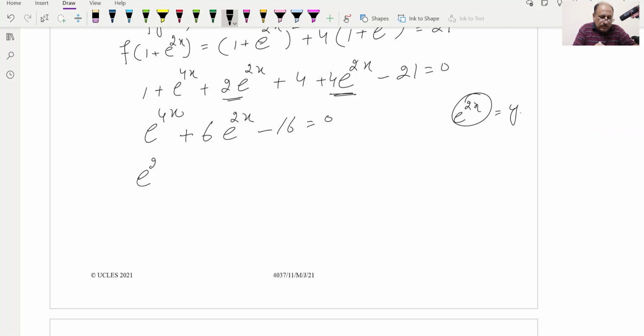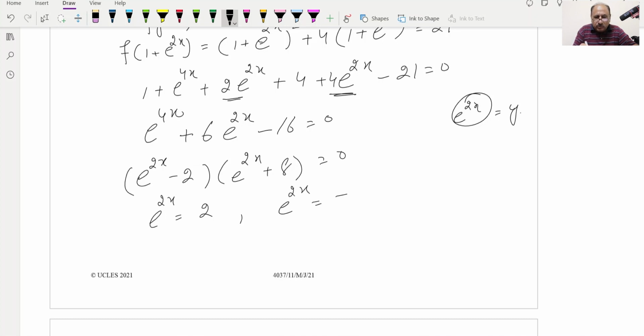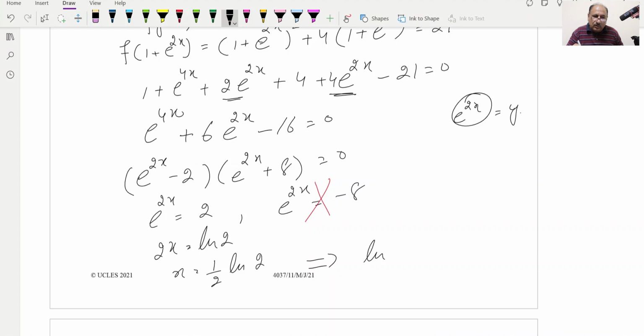So we can write e raised to the power 2x minus 2 and e raised to the power 2x plus 8 equal to 0, and this implies e raised to the power 2x is equal to 2, or e raised to the power 2x is equal to minus 8. We will reject this negative value and take this one. So 2x is equal to log of 2, so x is equal to 1 by 2 log of 2, and we can write it as log of 2 raised to the power 1 by 2.